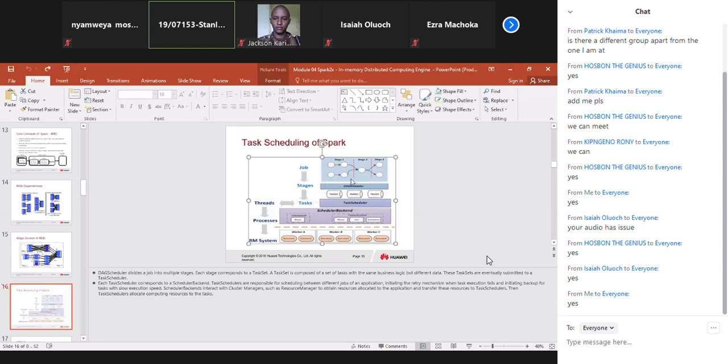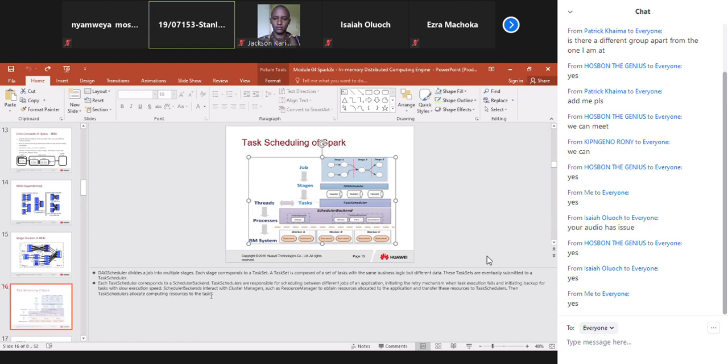You find we have task sets, we have different jobs. They're broken into different stages. Then again, they are broken down into tasks, and these tasks are submitted to a task scheduler. And each task scheduler corresponds to a scheduler backend. Now, task schedulers are responsible for scheduling different jobs of applications and initiating the retry mechanism when task execution fails, and initiating backups for tasks with slow execution speed.